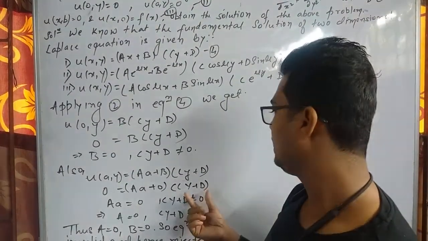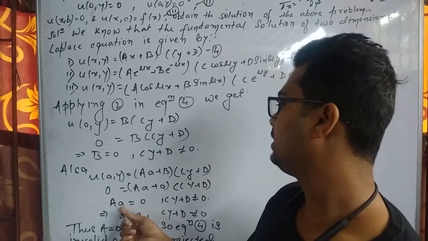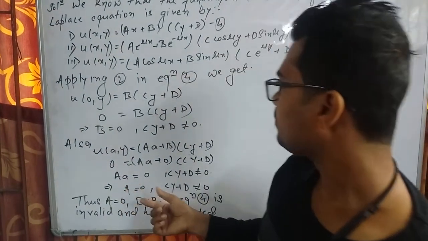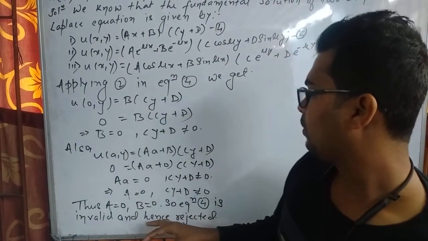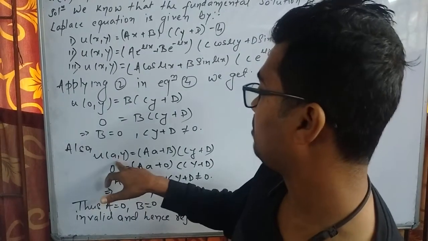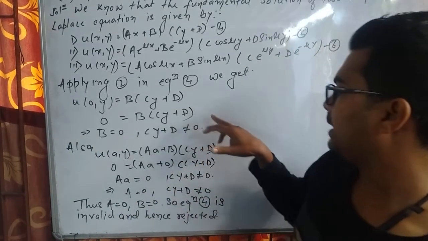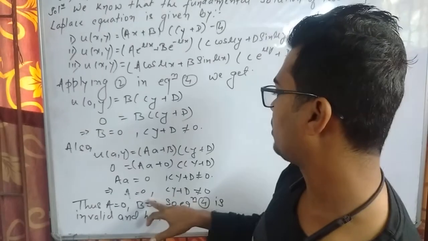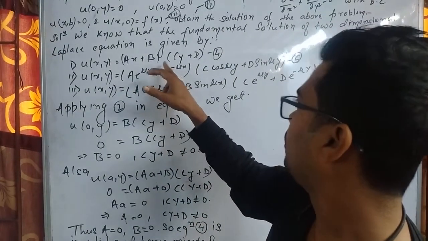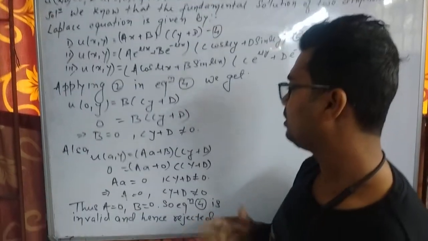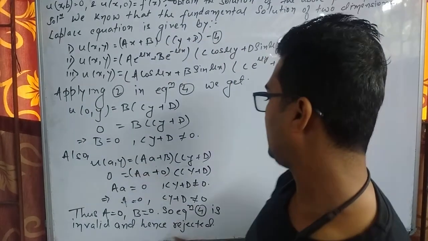Again (cy plus d) cannot be 0, so a is equal to 0. From here we got b equal to 0, and from here we got a equal to 0. If we put a and b both as 0, this whole solution becomes 0 for all the conditions, and hence it becomes invalid and is rejected.